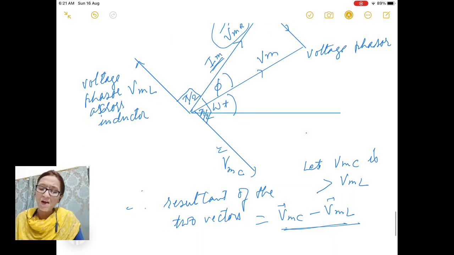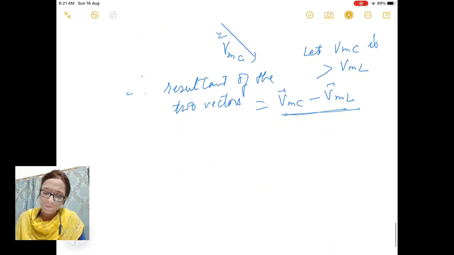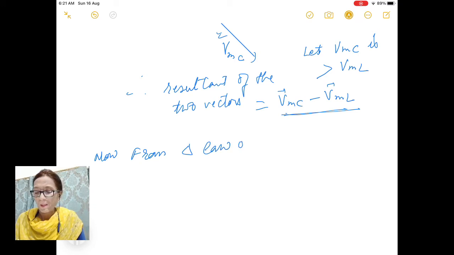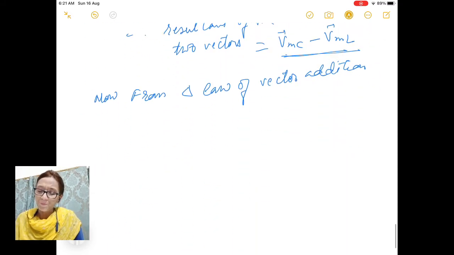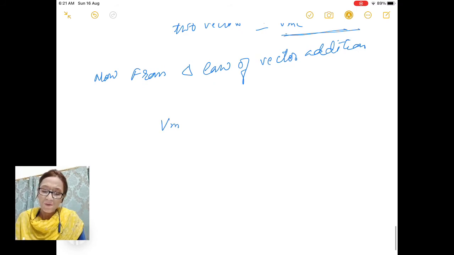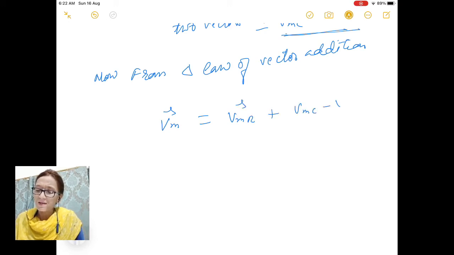So now from the triangle law of vector addition, your resultant vector Vm can be taken as VMR plus VMC minus VML.